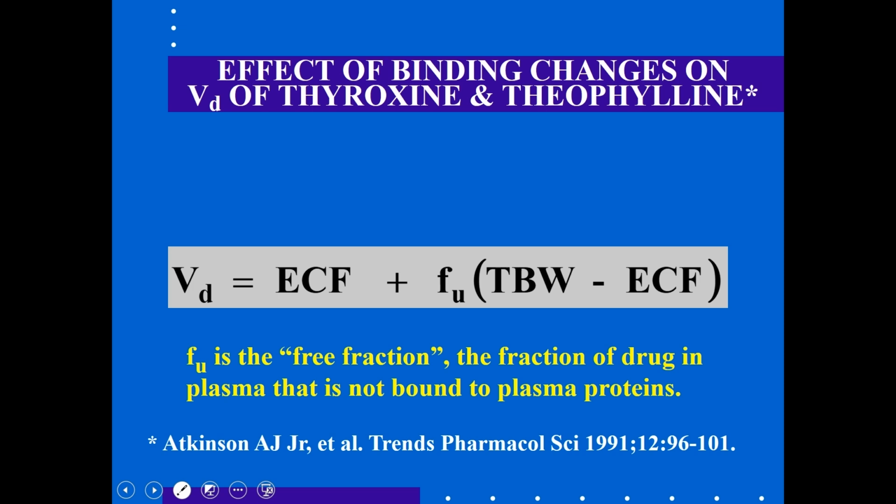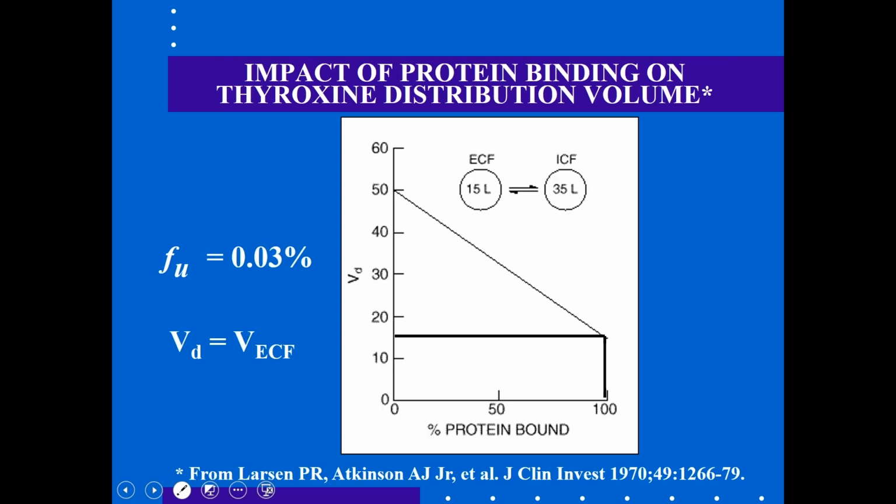And one can mathematically analyze and predict the effects of protein binding on distribution volume with this fairly simple equation. What you see here for thyroxine, which has a protein binding of 99.97%, is that its total distribution volume corresponds with the expected value for extracellular fluid space.